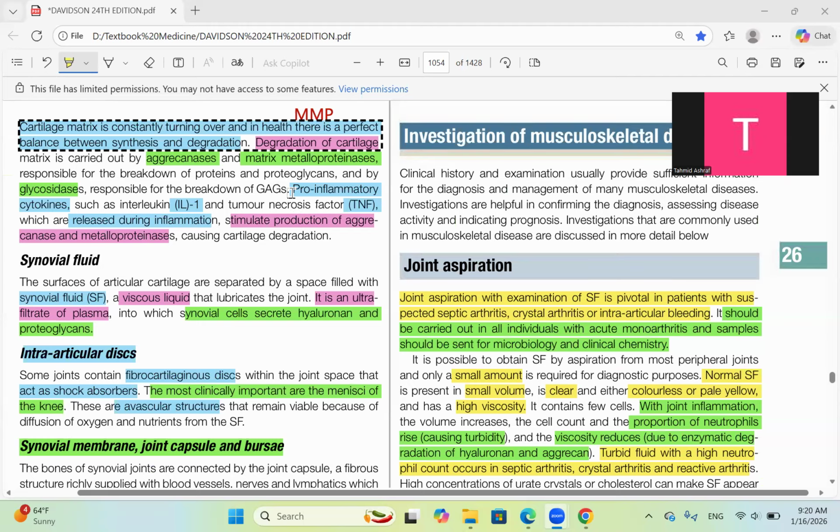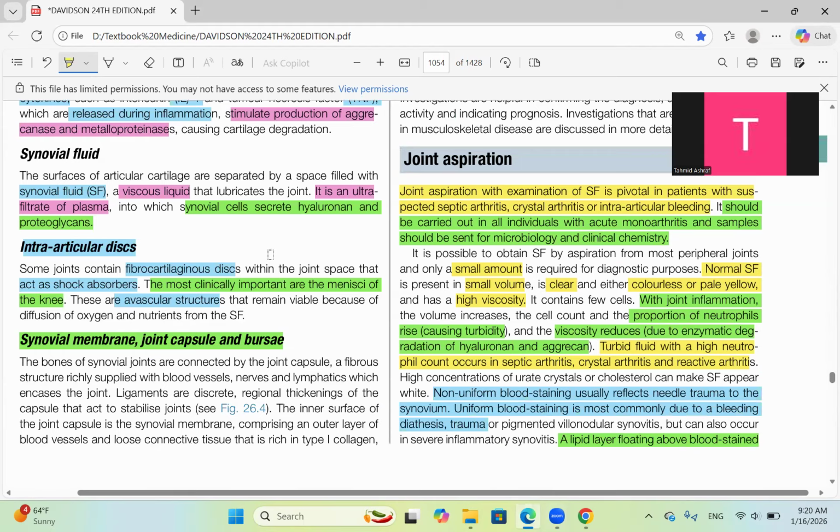Pro-inflammatory cytokines such as interleukin-1 and tumor necrosis factor, which are released during inflammation, stimulate production of aggrecanases and metalloproteinases, causing cartilage degradation. So during inflammation of the joint these factors are released, and they stimulate production of these enzymes. This is the mechanism by which cartilage is degraded in different types of arthritis.